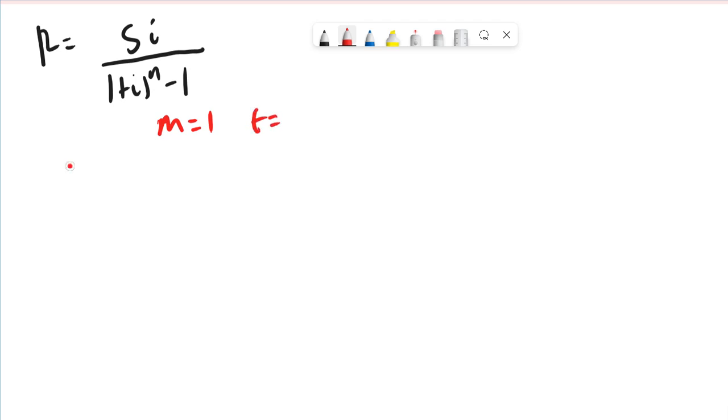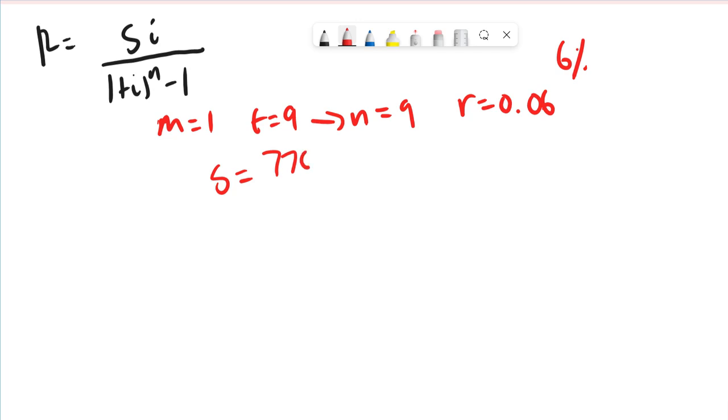So t equals 9, which means that n is equal to 9 actually. And the interest rate is maybe 6%. Now be careful. If it did say 6% in the problem, then in that case you're converting it. But let's say that this produces a sum of $77,000.